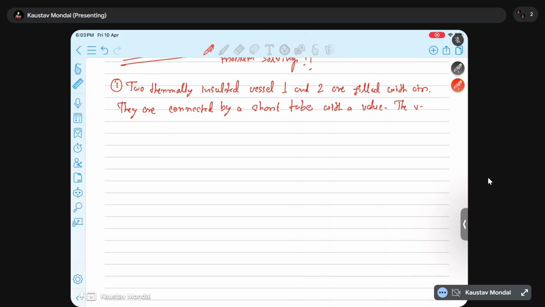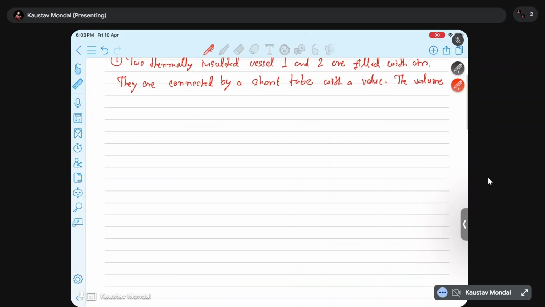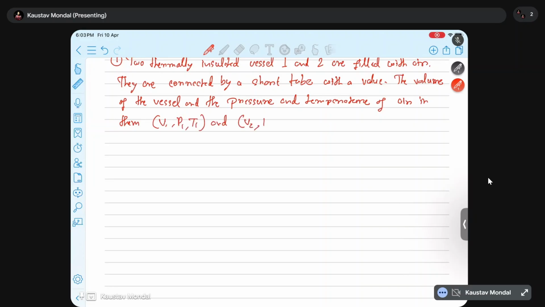The volume of the vessel and the pressure and temperature of air in them are P1, V1 and T1, and P2, V2 and T2.